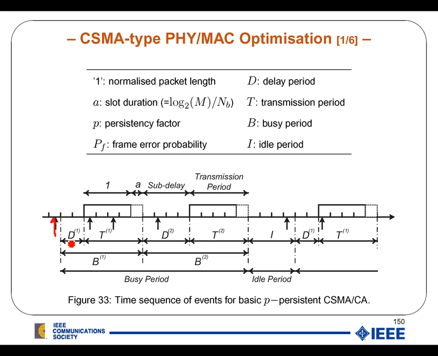Once d, the random timer, has elapsed, I would start transmitting my packet, which in our analysis we assume to be of the normalized length 1, whereas the slot times have a duration of small a. Now in that particular moment, somebody else receives a packet. He listens to the channel and hears me transmitting and therefore defers his transmission.